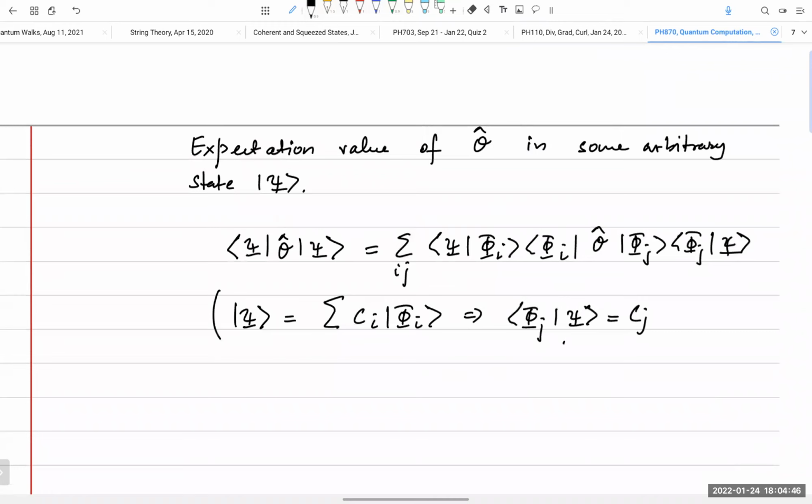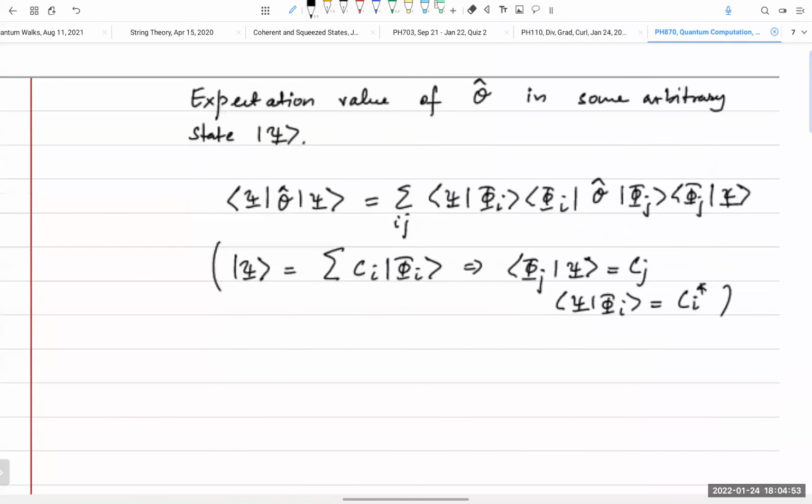And what will be psi phi_i? It will be c_i star. So the result of this expectation value will be c_i star O_ij c_j.